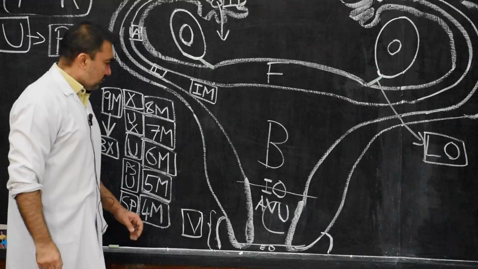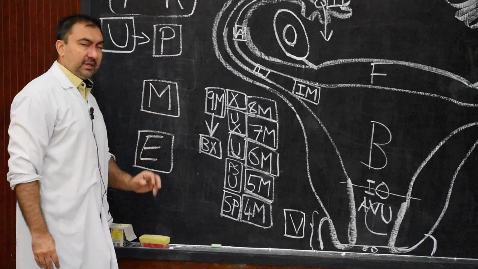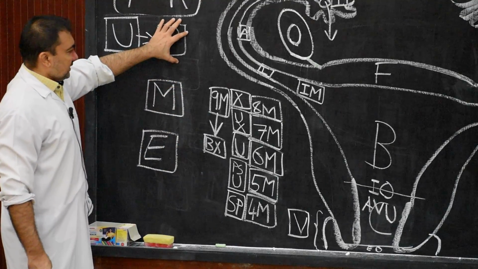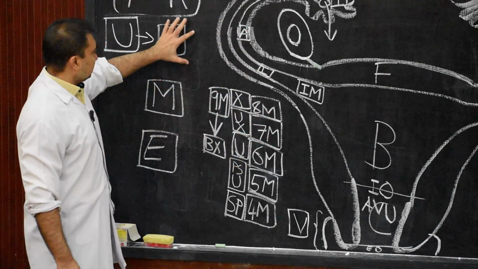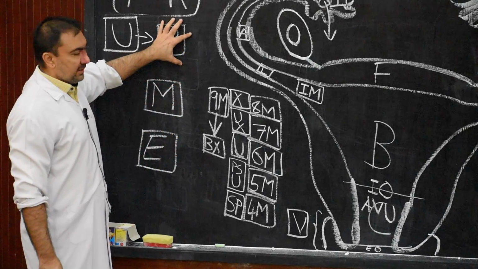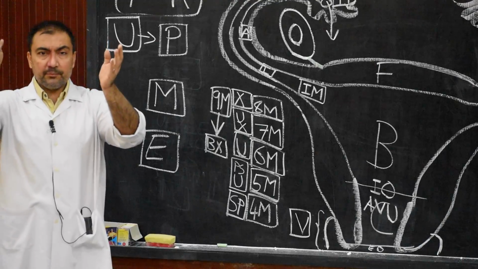Now we come to the perimetrium, myometrium and endometrium. The entire uterus, if you see it in a histological section, consists of an outer wall, middle wall, and inner wall. The outer wall is the perimetrium, which is connected with the peritoneum.